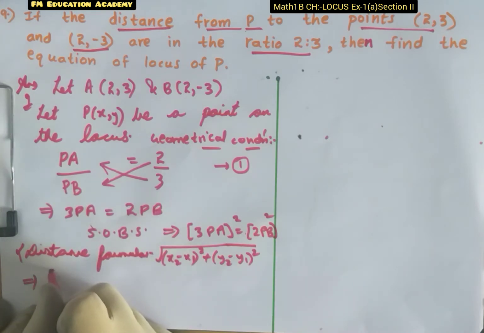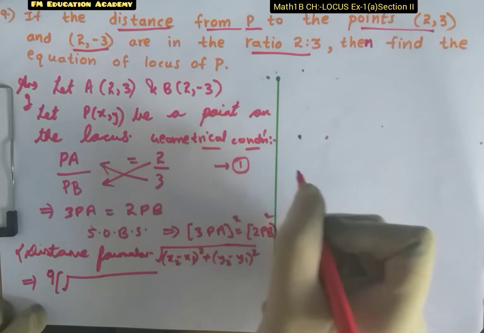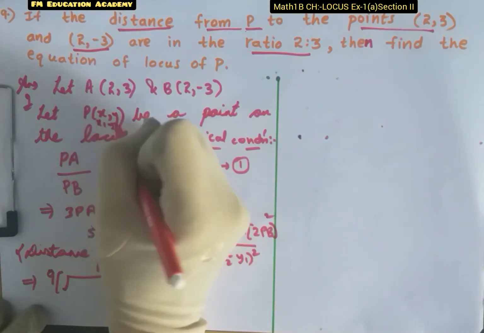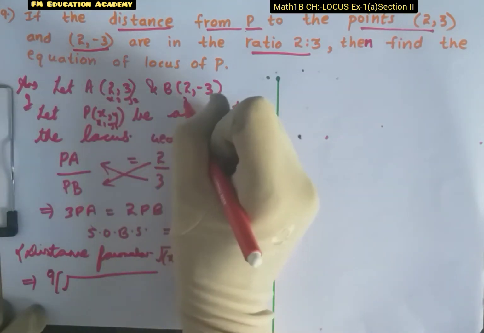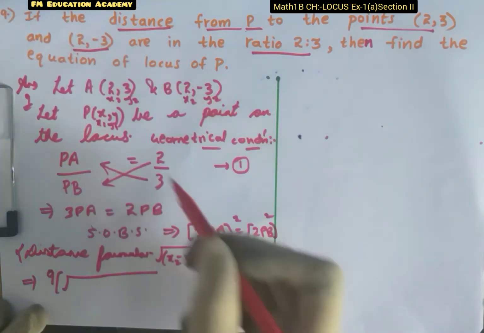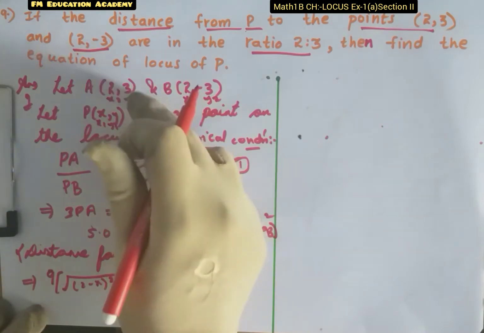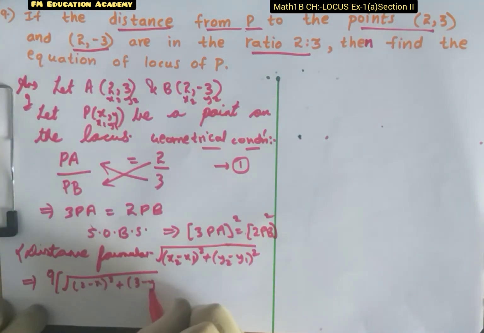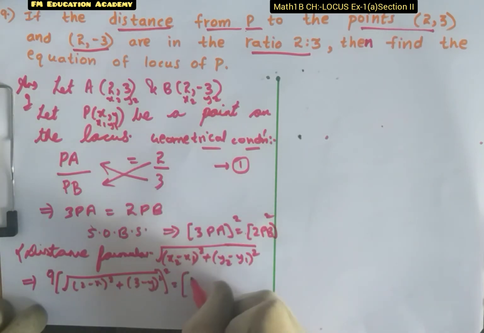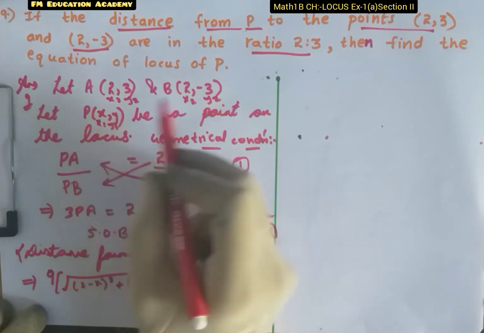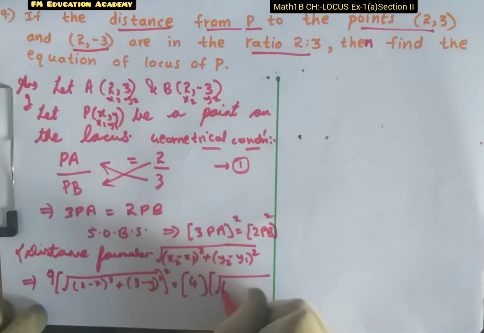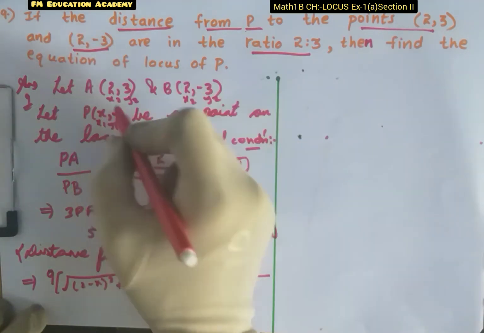So 3 whole square is 9 into PA square, where P is (x1, y1) and A is (x2, y2), so (2 minus x) whole square plus (3 minus y) whole square, equals 2 whole square is 4 into PB square, which is (2 minus x) whole square plus (minus 3 minus y) whole square.